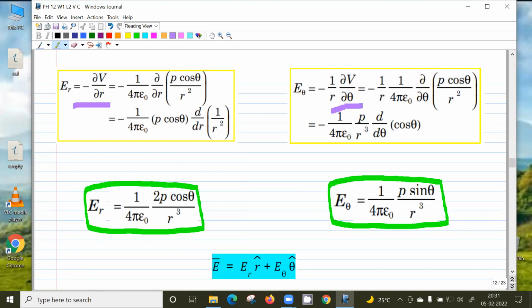If we take these two derivatives, I'll get the electric field values. But this is not there in NCERT, so we can skip. But this is the basic idea.